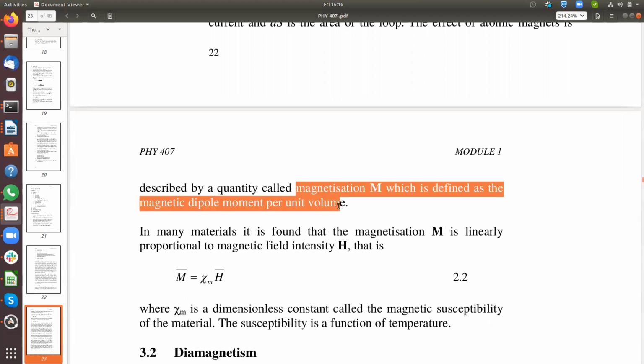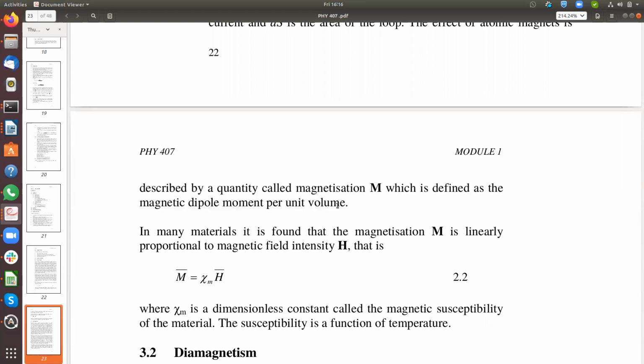So it is just the magnetic dipole moment per unit volume, but it has a relationship with another property called susceptibility. When you relate these two things together with magnetic field intensity, you can construct an expression, which is stated in equation 2.1, and this gives us M equals psi H. Psi here is known as the susceptibility of the material, that is, the magnetic susceptibility of the material.